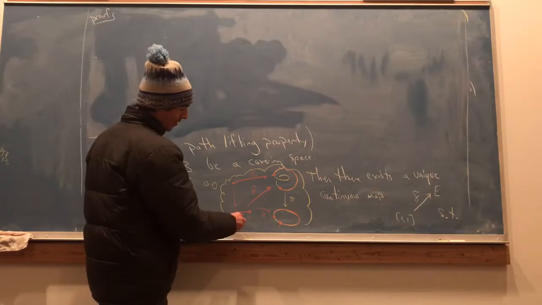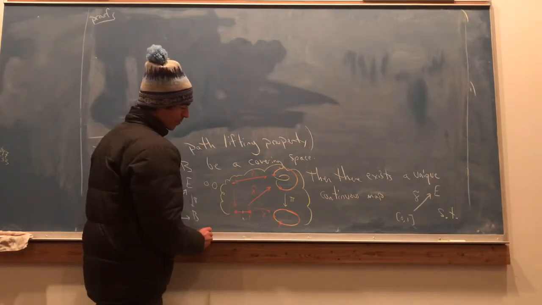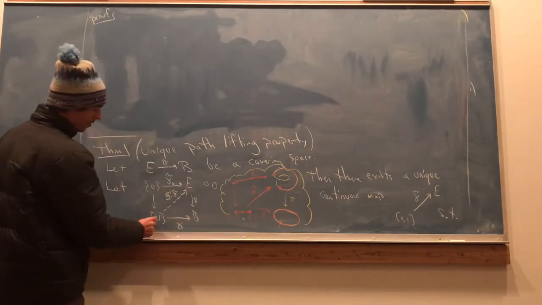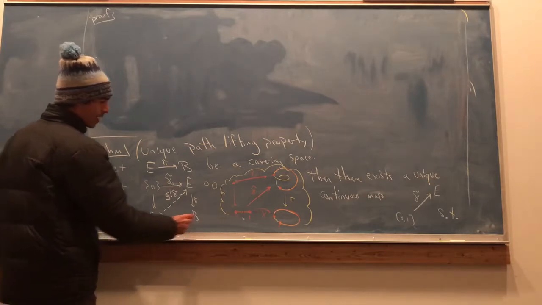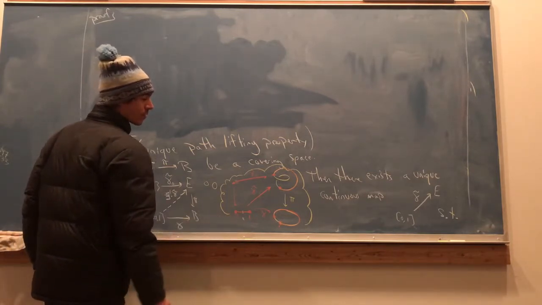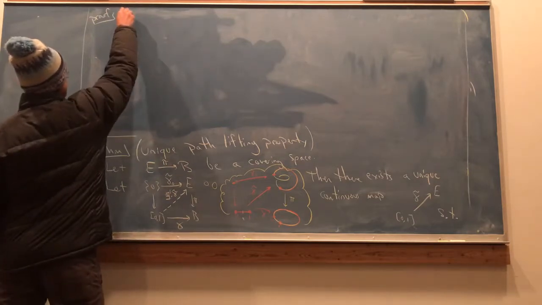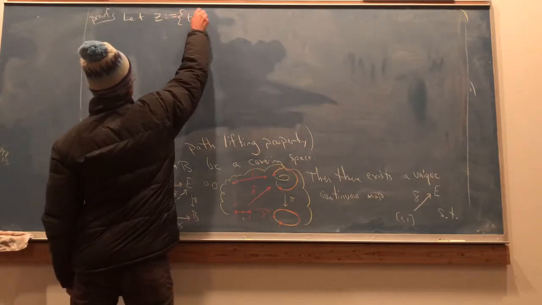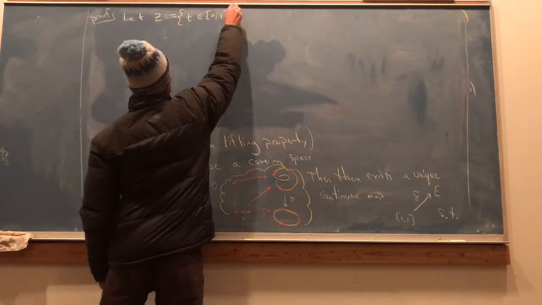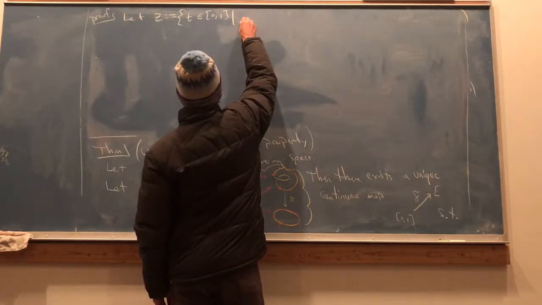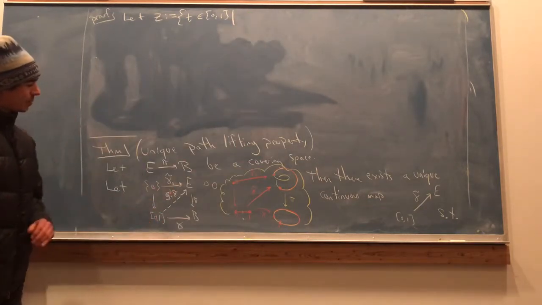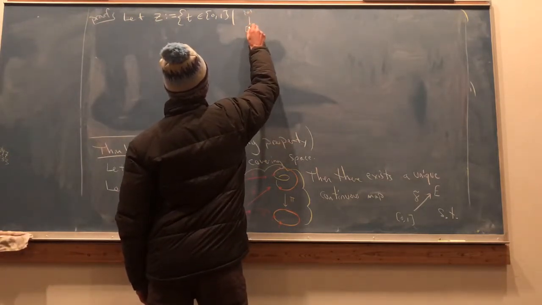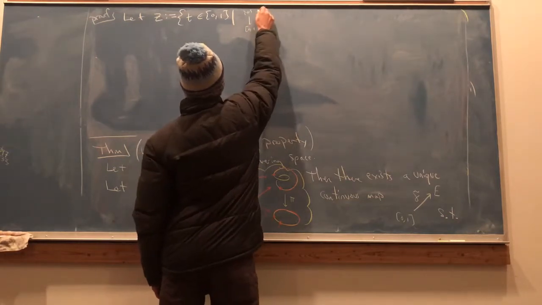So we'll consider all those times t such that there is a unique filler, maybe not from time 0 to time 1, but from time 0 to time t. So let Z be the set of all t's in the interval such that there is a unique filler up to time t, and including t.